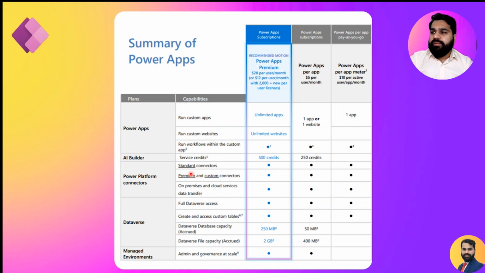Now, from the Power Platform connectors point of view, these users will be able to access all the standard connectors. These users will be able to access all the premium and custom connectors also. Now, when we talk about accessing the premium connectors, for example, box.com is one of the premium connectors which can be accessed, or we can take any other, for example, ServiceNow. This license gives access to connect with that particular connector, ServiceNow.